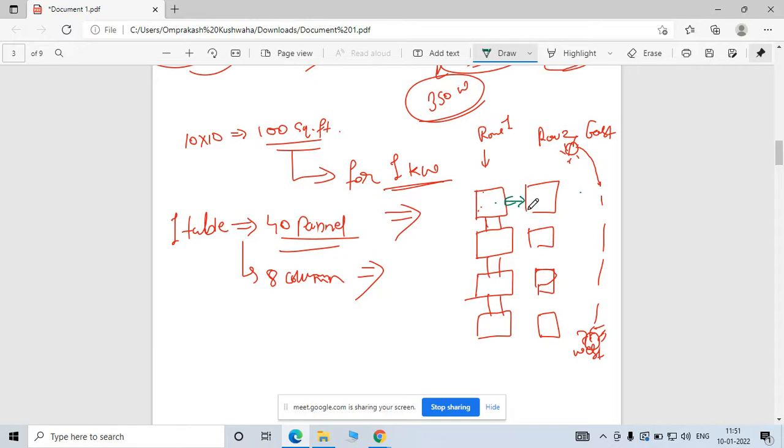Generally in India, or you can say in Maharashtra, the distance between these two rows is set at 10 meters apart. Okay, 10 meters apart. And side by side, the distance they keep between these is 1.5 meters.